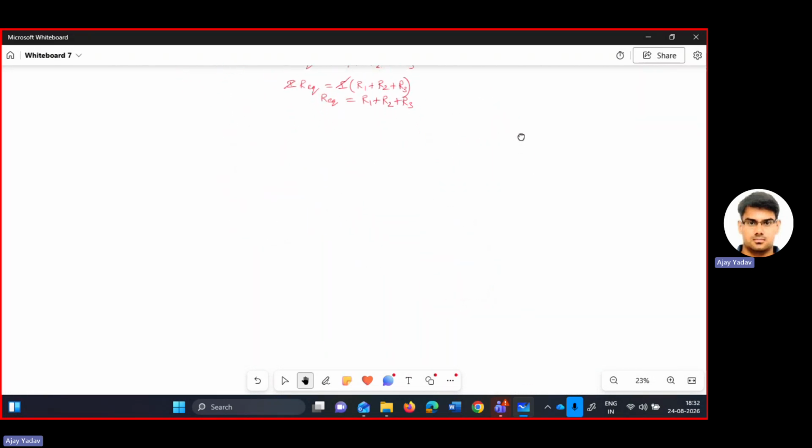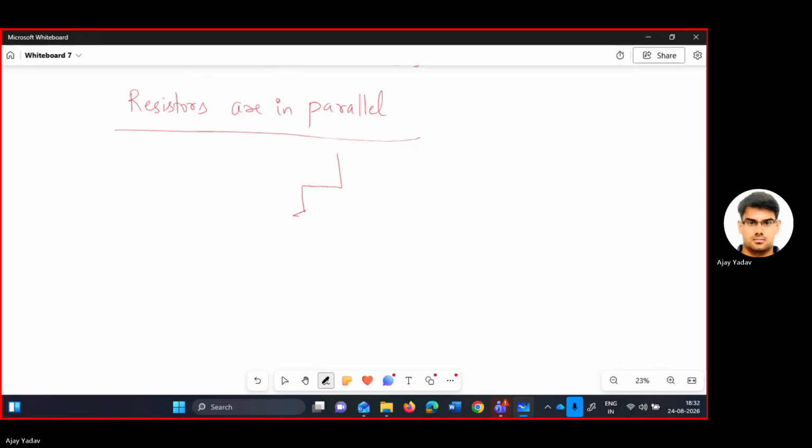Similarly, you can calculate the equivalent resistance when the resistors are in parallel. Suppose I have three resistors: one is R1, another is R2, the third one is R3.